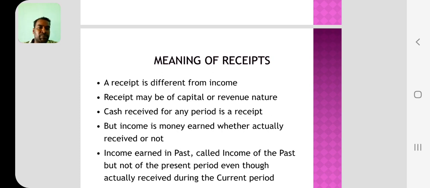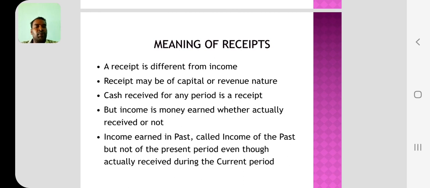But income is money earned whether actually received or not. Income earned in the past is income of the past, but not of the present period, even though actually received during the current period.